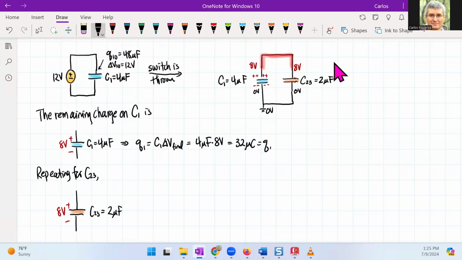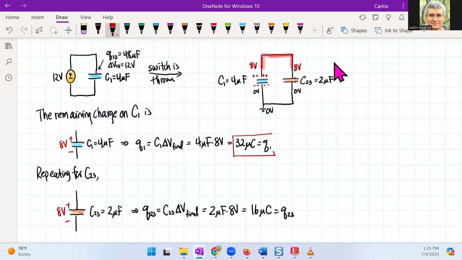So the charge is C23 times its final voltage: 2 microfarads times 8 volts gives me 16 microcoulombs. That's the charge for 2,3. So I now see this amount of remaining charge on one of the capacitors, and this is the same for that equivalent capacitor.